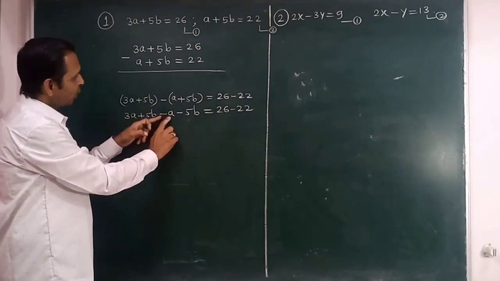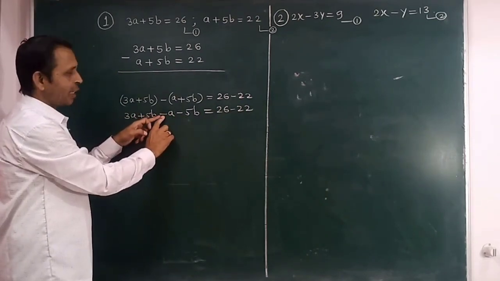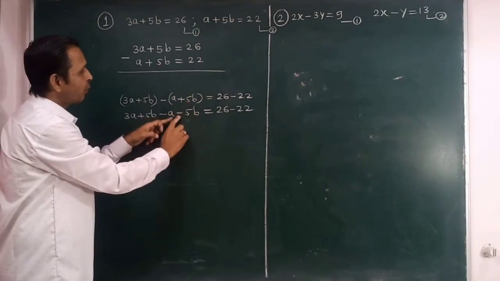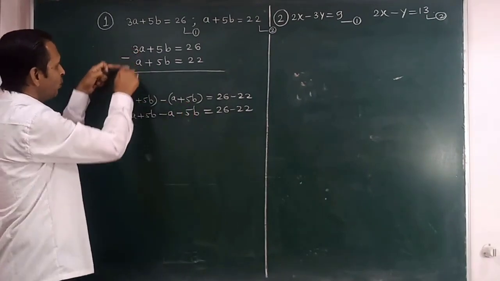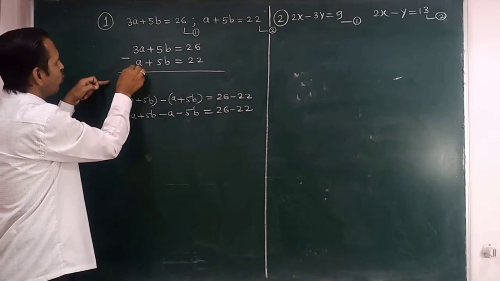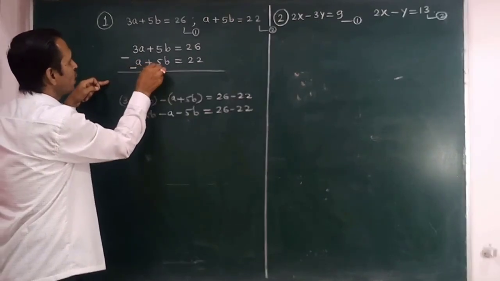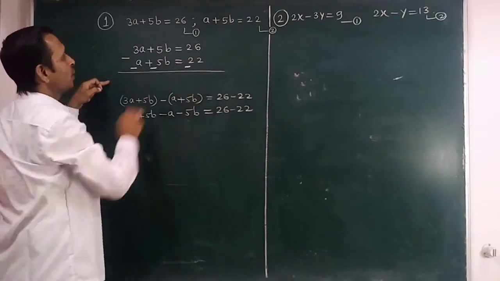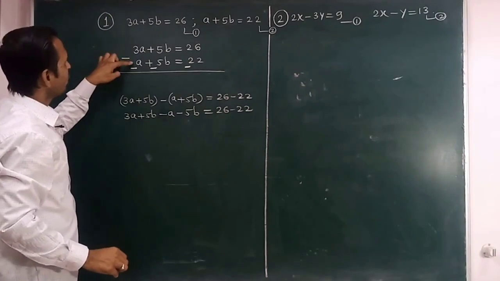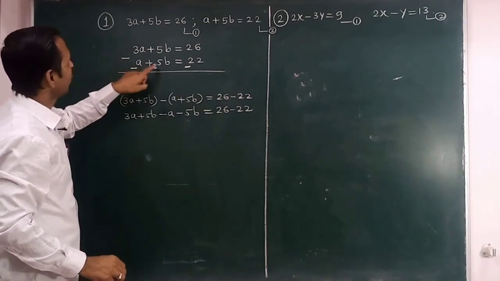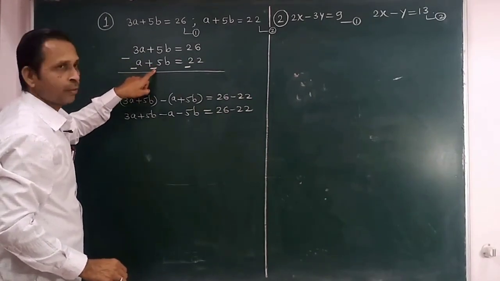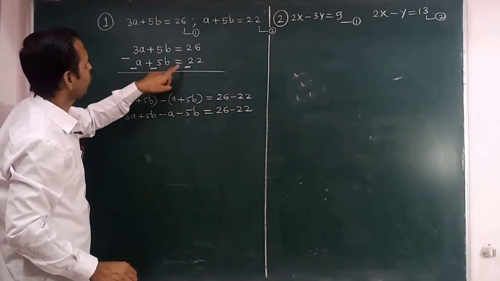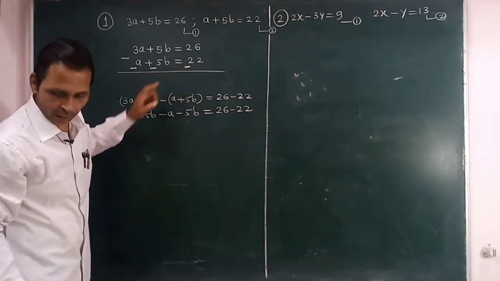Now in this method what happens? a has the sign minus, 5b has the sign minus, and that's why in the vertical method also we have to change the sign of these terms. Here is plus a, change it to minus a. Here is plus 5b, change it to minus 5b, and here is minus 22.